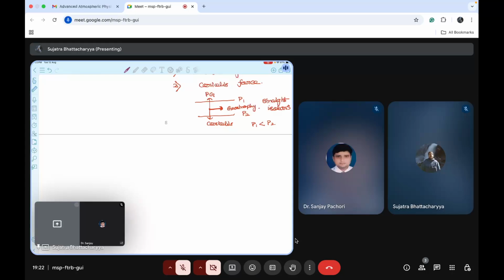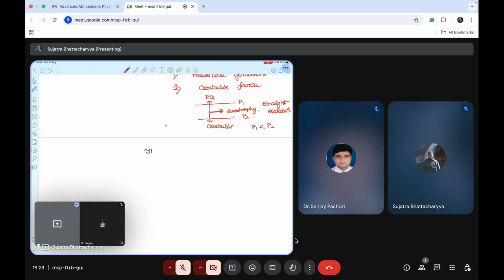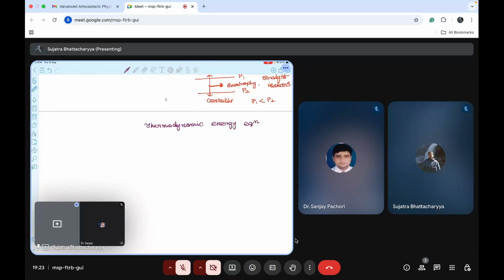Let's see the thermodynamic energy equation. There are many ways to understand this energy equation. What we will see is that we will try to use the first law of thermodynamics, which talks about the energy conservation in a particular system.